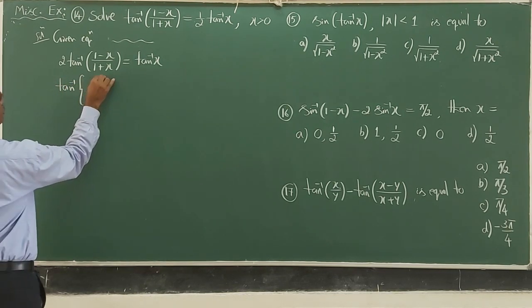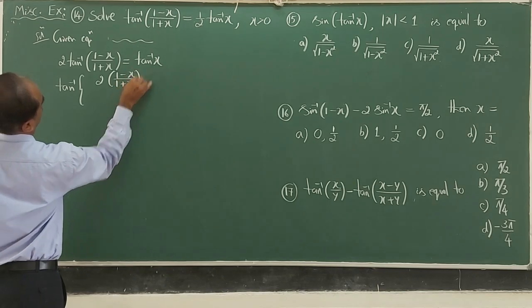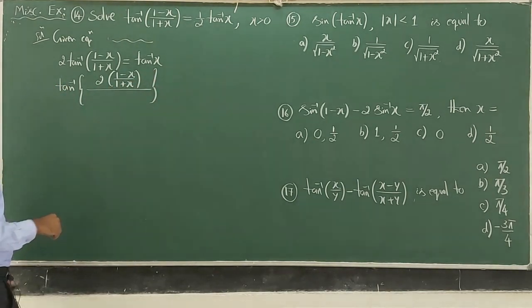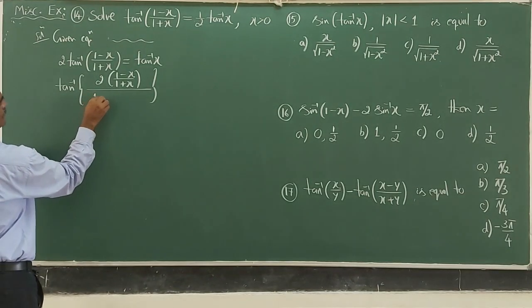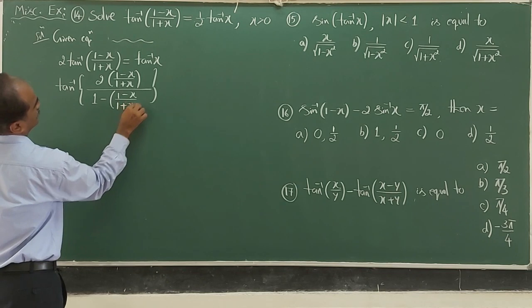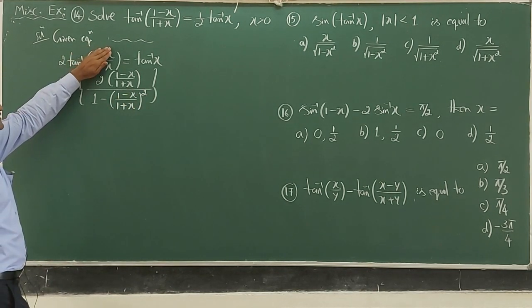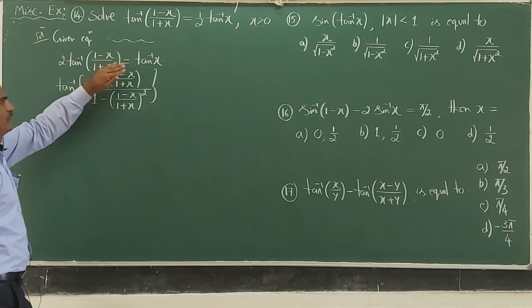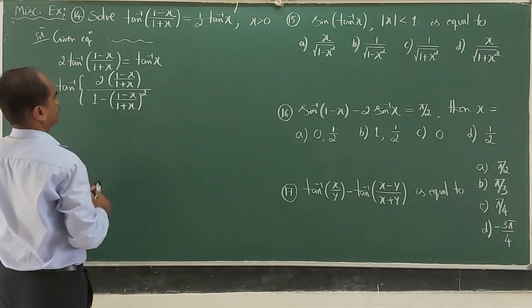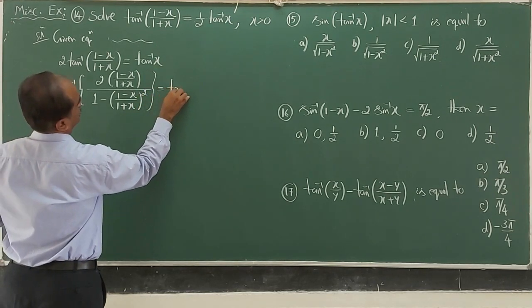So it is tan inverse of 2 times (1 minus x by 1 plus x) divided by 1 minus (1 minus x by 1 plus x) whole square. I hope you followed this. 2 tan inverse x is tan inverse of 2x by 1 minus x square, written is equal to tan inverse x.